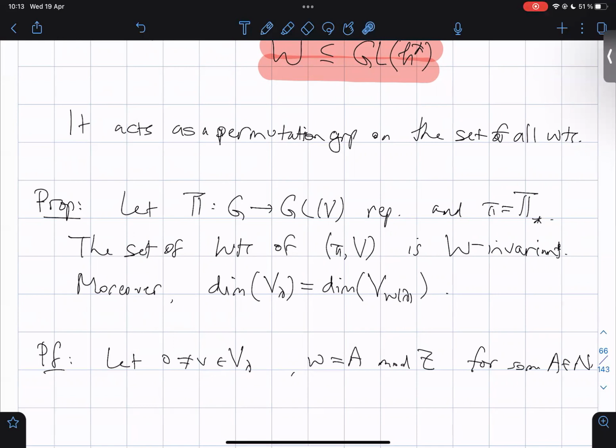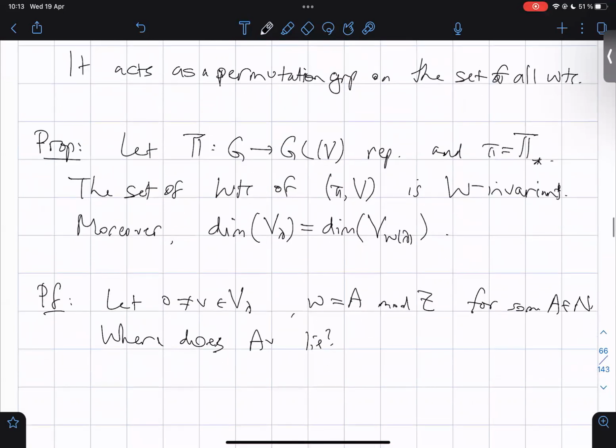So where does AV lie? Well, the claim is that this is also going to be a weight vector. And to show that, we need to look at the action of H on it.